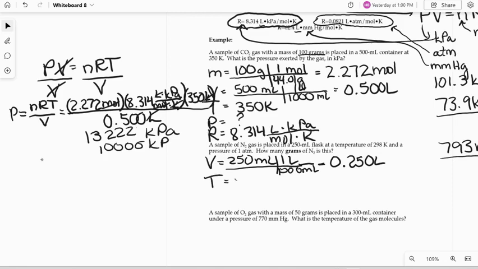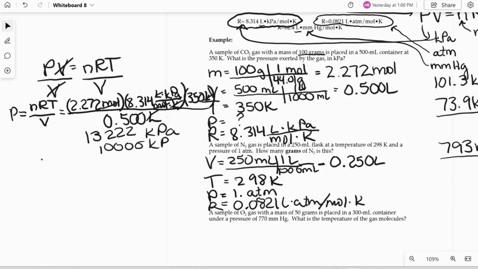Temperature of 298 K and a pressure of 1 atmosphere. So we're using atmospheres, so our R value will be 0.0821 liters atmospheres per moles K.